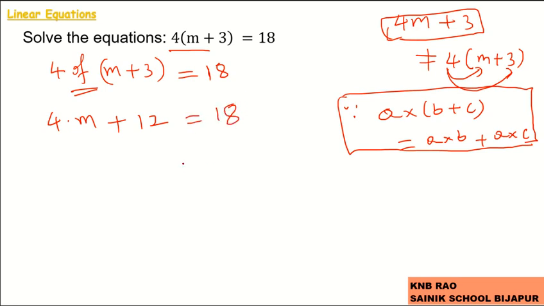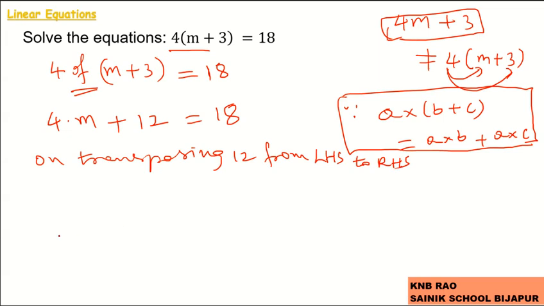So, equals to 18. Now, you know, on transposing 12 from LHS to RHS gives us 4m equals to 18 minus 12, because here it is addend, that side it becomes subtrahend. So, 4m equals to 6.